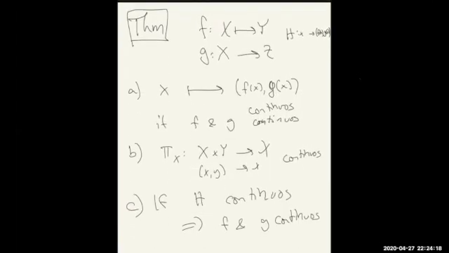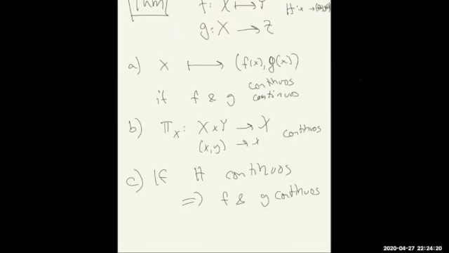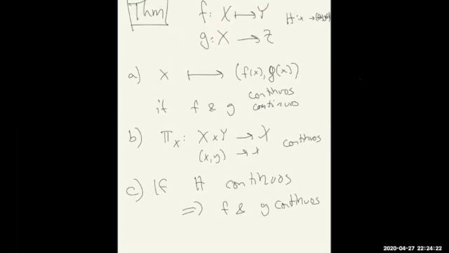Okay, so now a theorem that really gets into the product spaces. This one I will leave this time unproven. So we proved all the other ones so carefully, but there's an outline here that you can use. So f is continuous from X to Y, g is continuous from X to Z is the setting. Then you can say a few things.